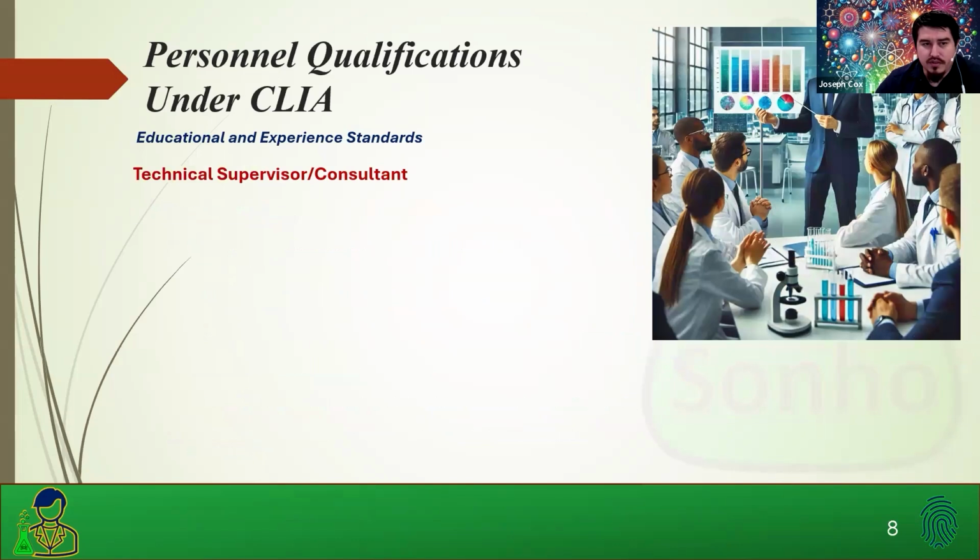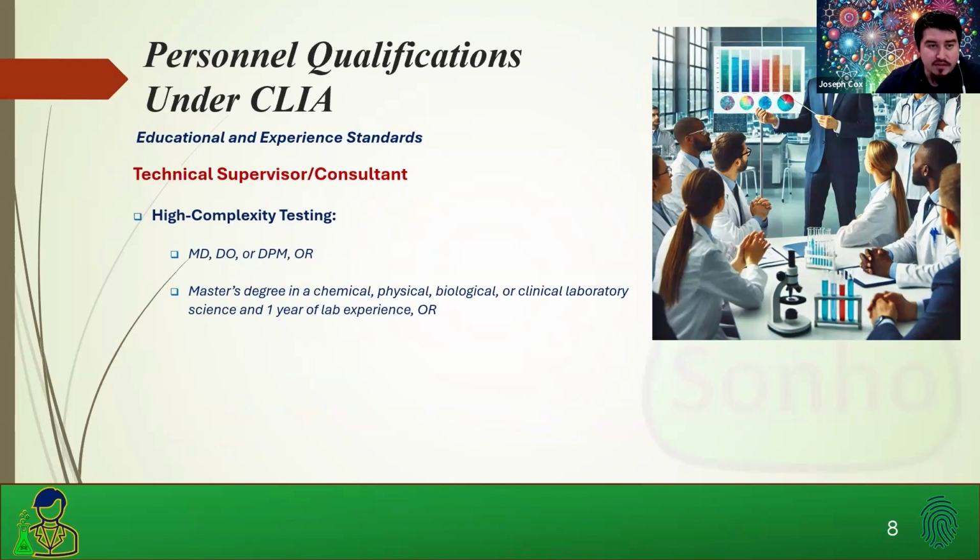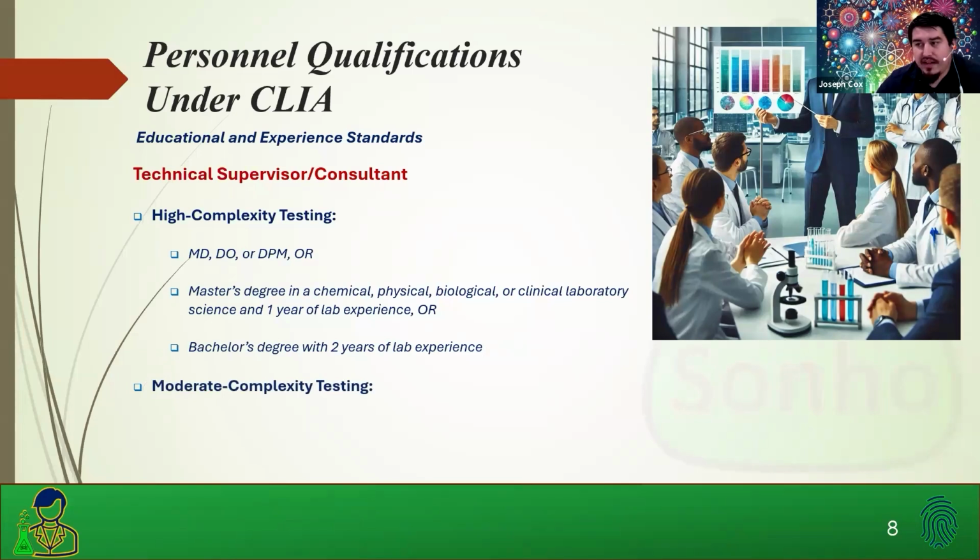The technical supervisor or consultant in a high complexity setting, the MD, DO, or DPM, or a master's degree in physical, chemical, biological, or clinical science with 1 year of lab experience, or a bachelor's degree with 2 years of lab experience. So as you see, education can replace a year of experience, or a year of experience can replace a lack of education.